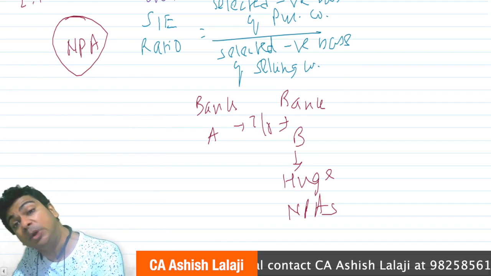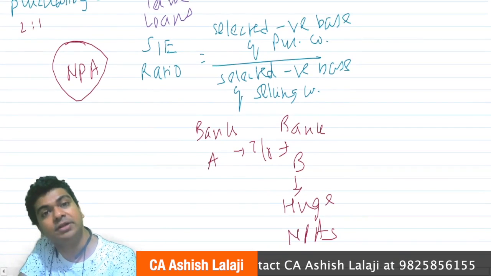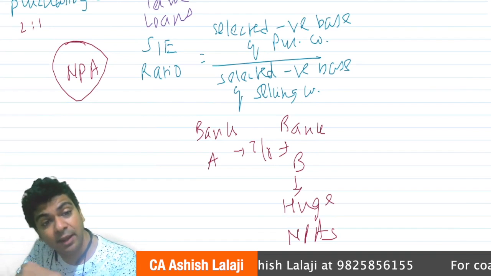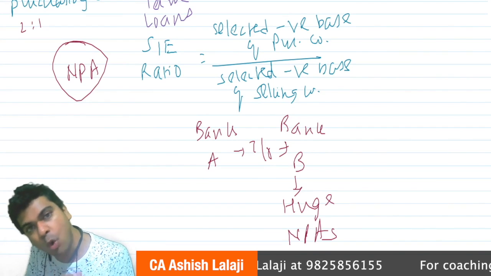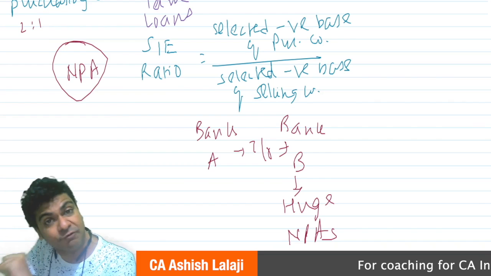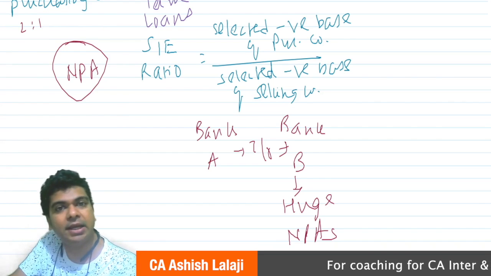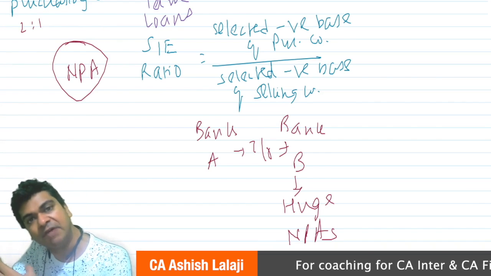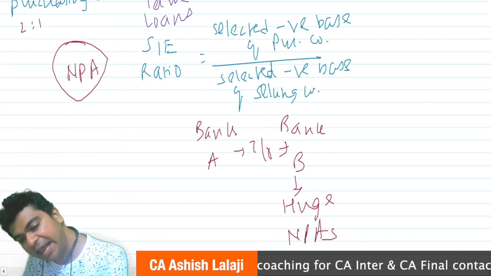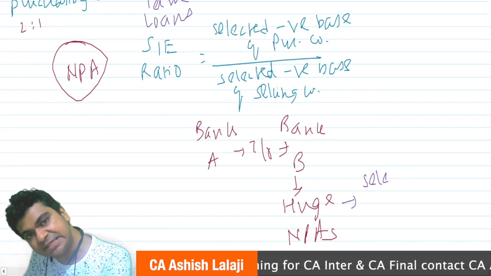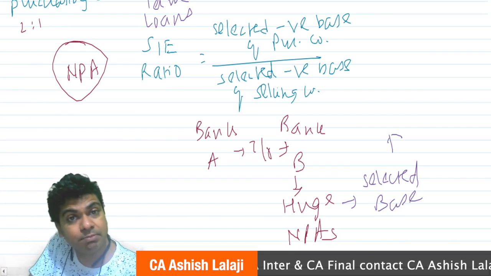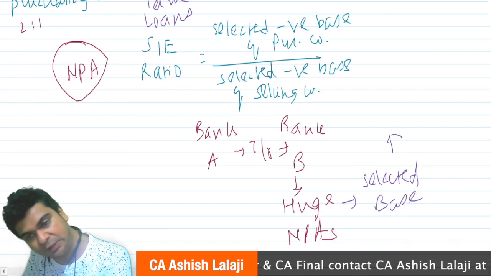You are really thinking two to three times whether we should really take over this bank which has so many non-performing assets, isn't it? Perhaps you will be evaluating this decision many times. Maybe bank B is really good, but it has too many non-performing assets. Should I really take over a bank which has such a large number of NPAs? So if you decide to make NPA one of the selected bases for the share exchange ratio, I will like my NPA to be as low as possible.